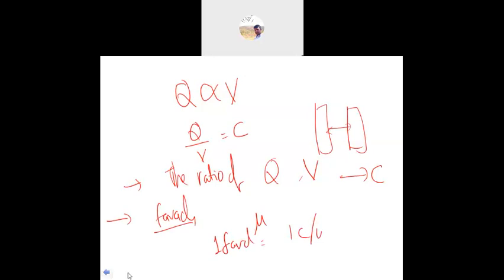Next we'll talk about the insulating medium in between the capacitor plates. The insulating medium can be air, paper, impregnated paper, or oil.